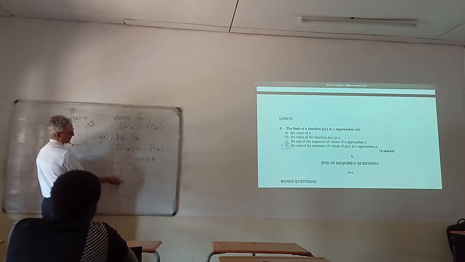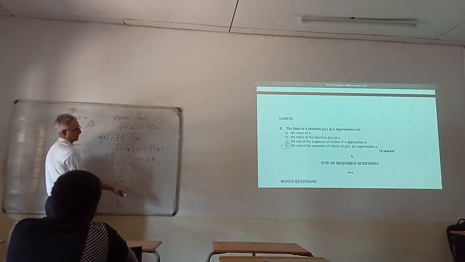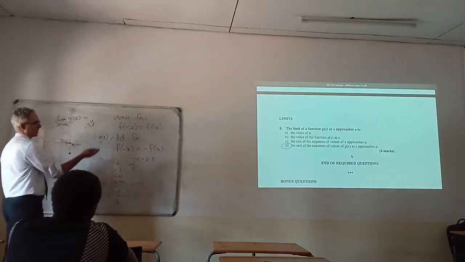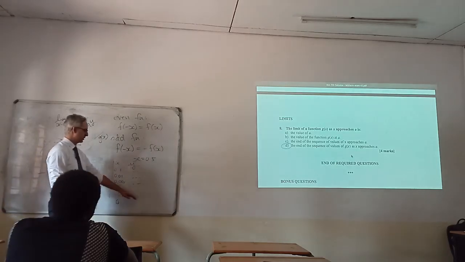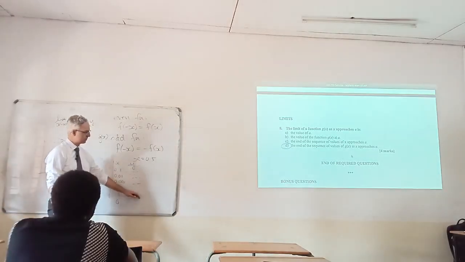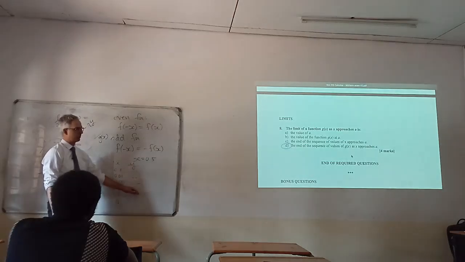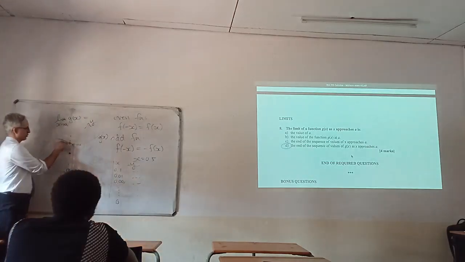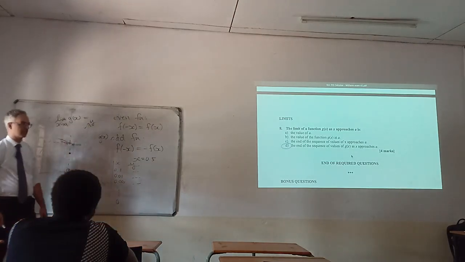So as x gets closer to 0, we're not going to reach 0, but we get closer, these values get closer to a number. And that is the limit. The end of this sequence of numbers, as x approaches a, these numbers approach something, which is they approach this. And so D is the right answer.